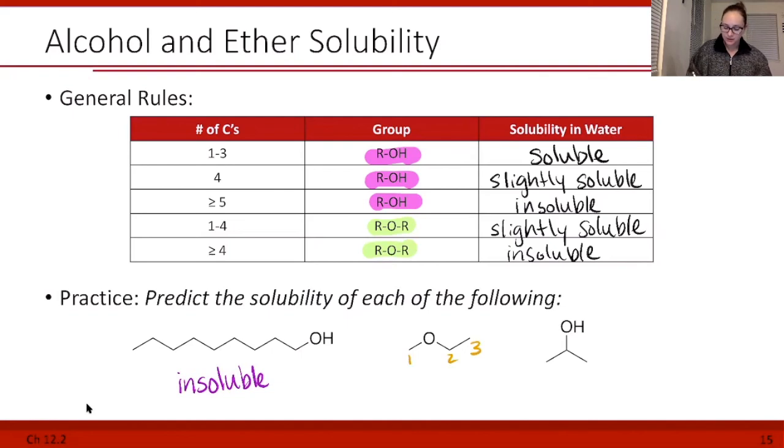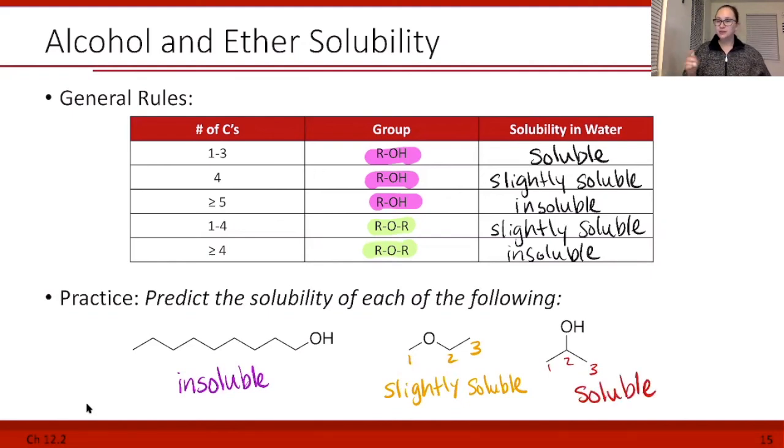According to our chart, this is going to be slightly soluble. And our last one is an alcohol with 3 carbons. According to our chart, it is soluble.